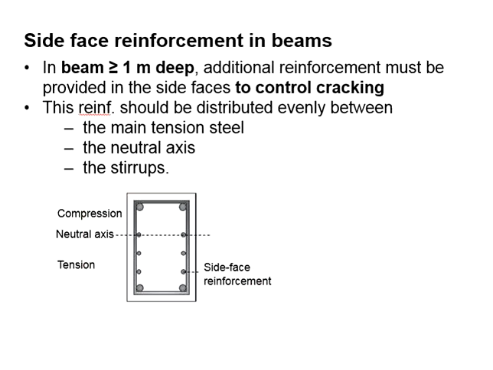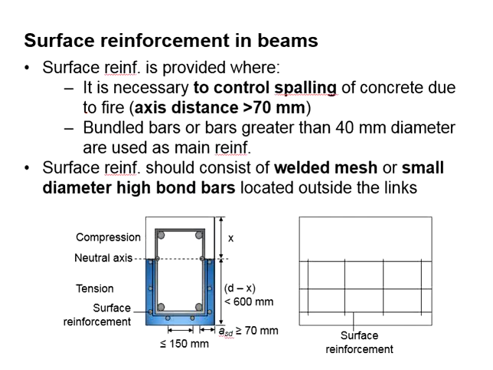The side face reinforcements are longitudinal rebar being placed along the beam span. As for the surface reinforcement bar, it is normally wire mesh of small diameter, which is placed surrounding your shear link, and they should be placed below the neutral axis.